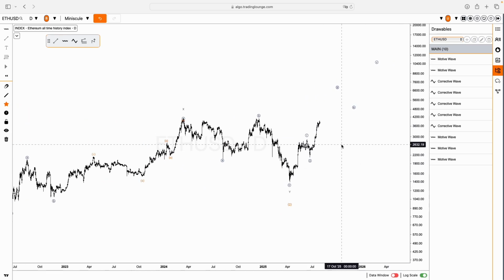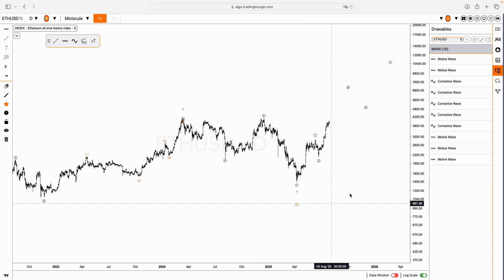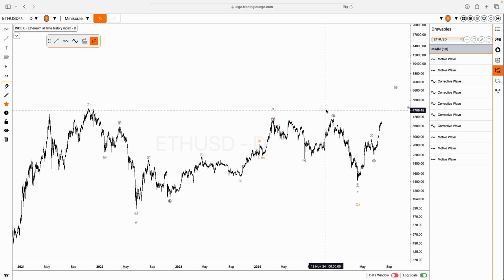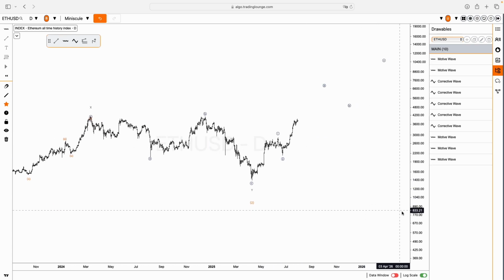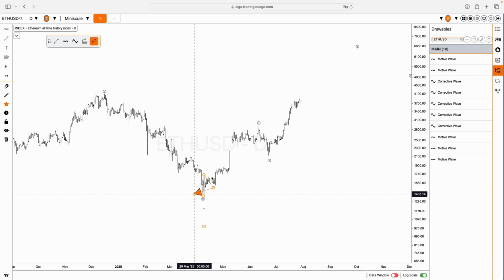But yeah, I haven't labeled in detail as usual because it's just noise. I can see the waves. Like I can clearly see 3 down, 3 up. I can somehow count 5 down here in wave C. And then if you wanted to, you can count 1, 2, 1, 2, 3, 4, 5, 3, 4, 5.